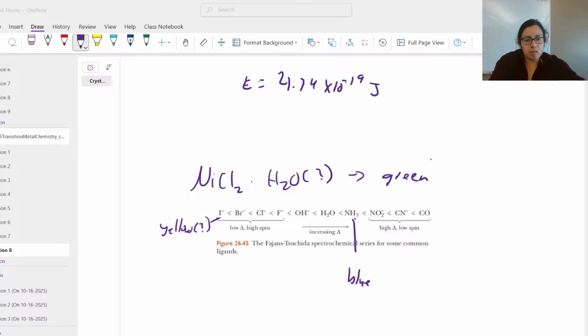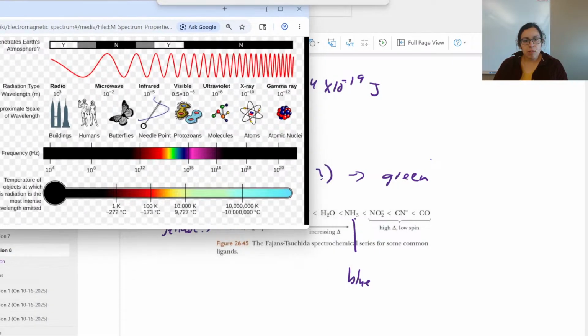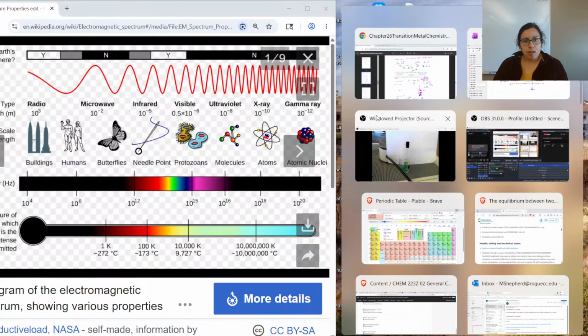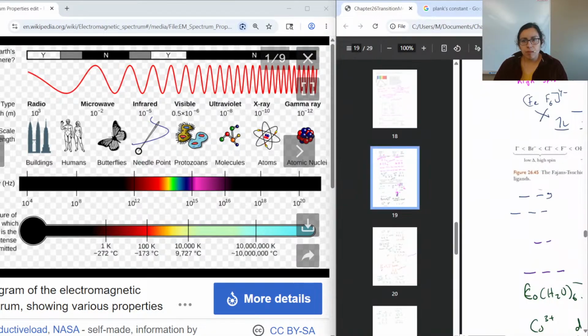And so then we could compare it to our electromagnetic spectrum and see, does this make relative sense? There could also be, right, high spin, low spin effects. But again, just kind of looking at it. Oops. Oh my gosh.